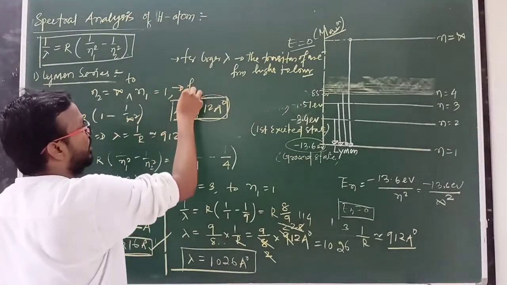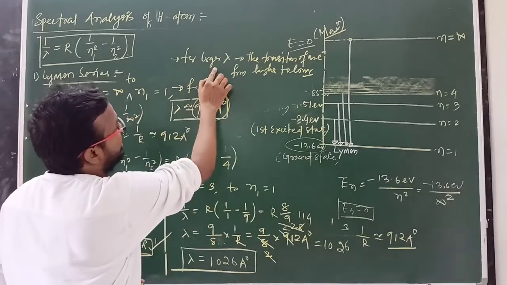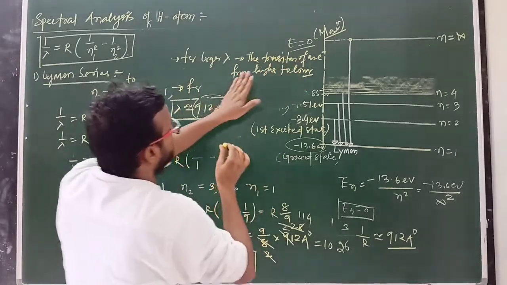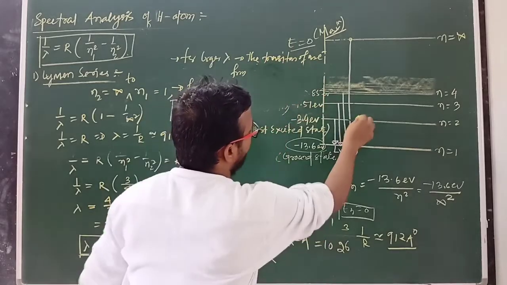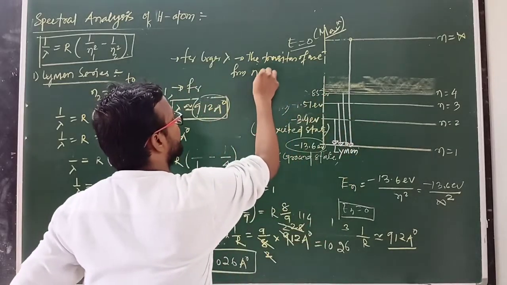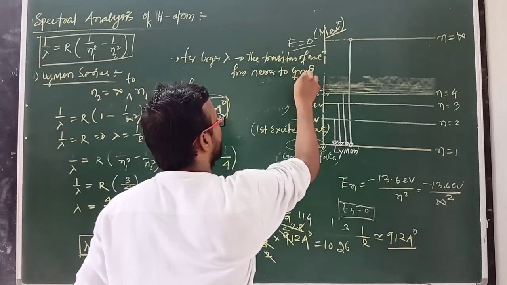Next thing, for larger lambda, the transition of an electron is from nearer to the ground state.